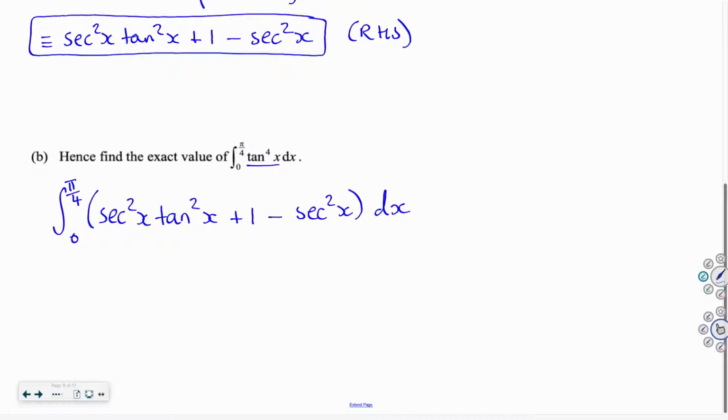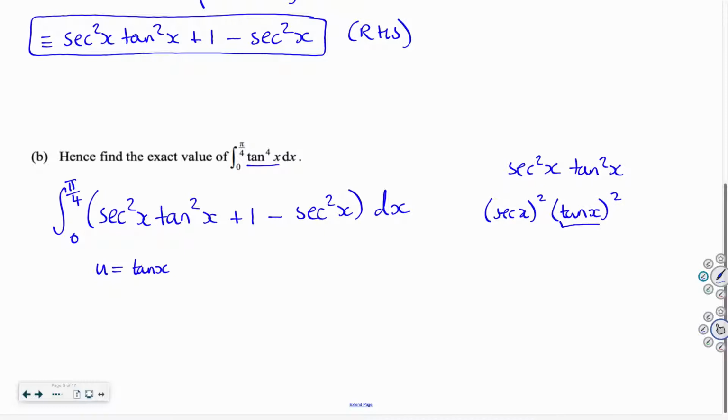If we look here, we've got sec squared x times tan squared x. I'm going to use substitution and let u equal tan x, because remember, sec squared x tan squared x is the same as sec x all squared times tan x all squared.